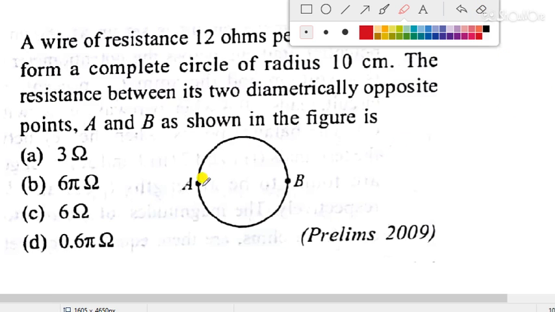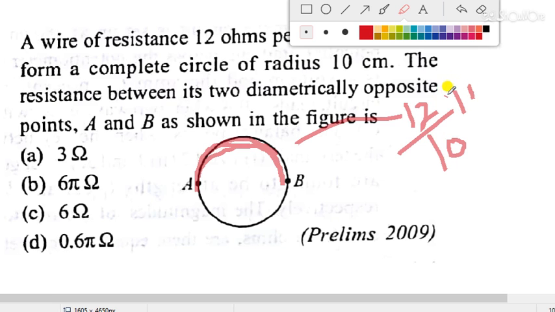That means the upper portion has resistance 12 into pi r, so we can write this resistance as 12 by 10 pi. We have already calculated it. And the lower resistance is also 12 by 10 pi. Now 12 by 10 pi and 12 by 10 pi are in parallel.